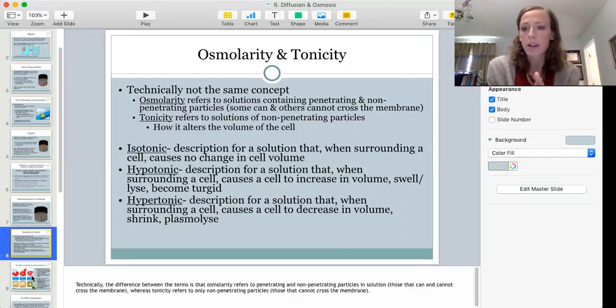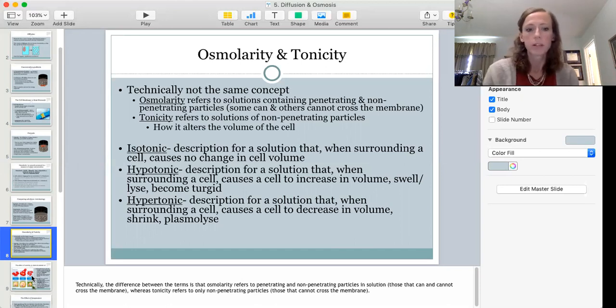And so what will happen, as we discussed a few slides back, is that water will move to even out the concentration gradient. And how this affects our cells is that the volume of the cell can be altered. Water can move out of the cell, water can move into the cell, okay, through the aquaporins. And as that happens, the volume of the cell is altered. And this, again, is referred to as tonicity when we have specifically non-penetrating particles.